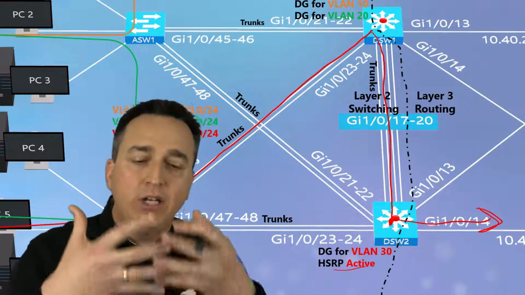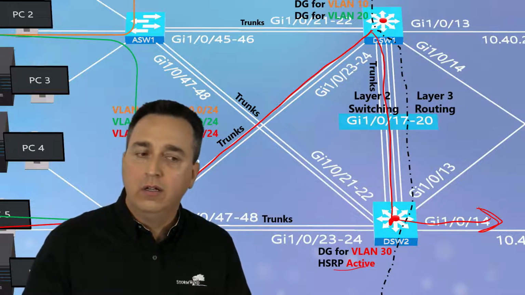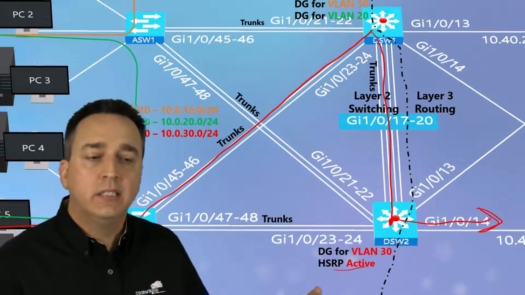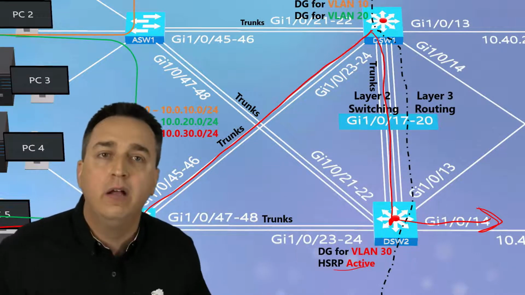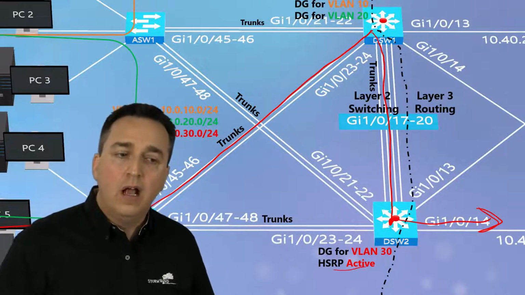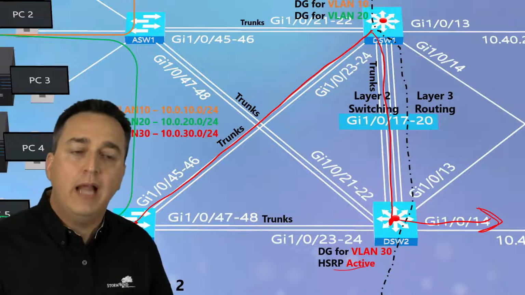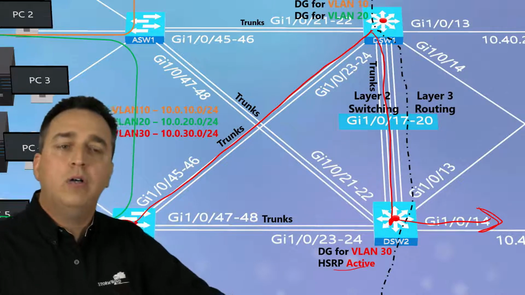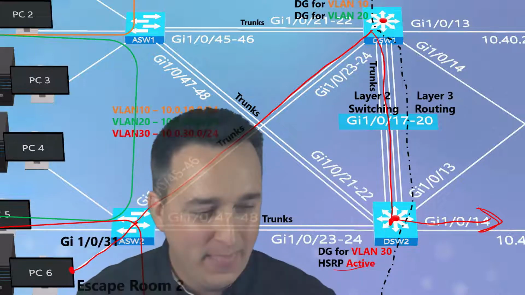You really need to understand how they affect each other. Because in this case, the protocols and services we have running are actually misconfigured. And as a result of that, I have caused this inappropriate traffic flow. And as a result, I am now in this escape room that I need to get out of.